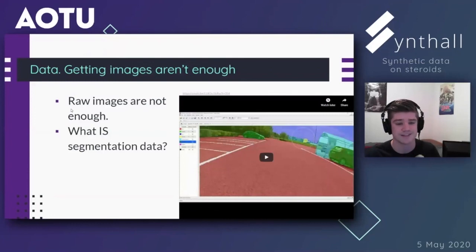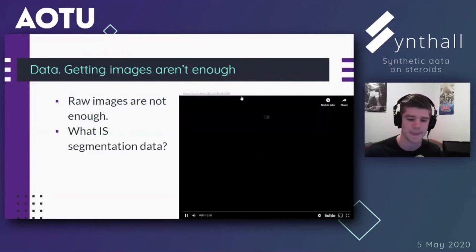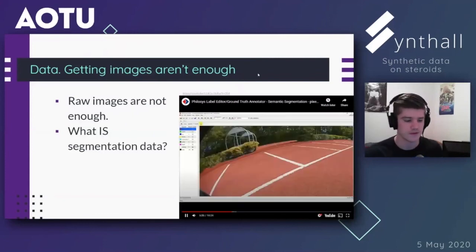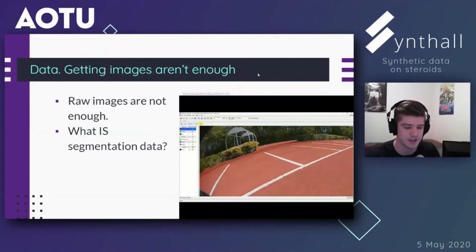Labeling is arguably the harder part in the end, because although you do have to go somewhere to take the pictures, I'm going to just play a quick example here of what a labeling process might look like if it wants to be done accurately. We see somebody starting to draw some lines around this shape of a car overhang or something.